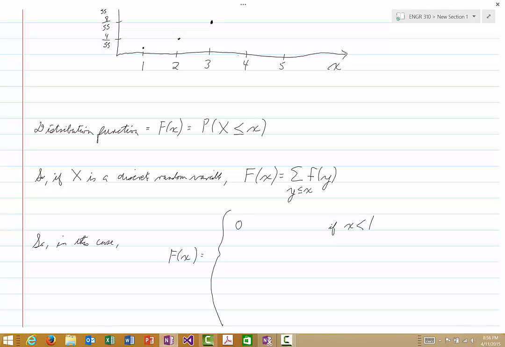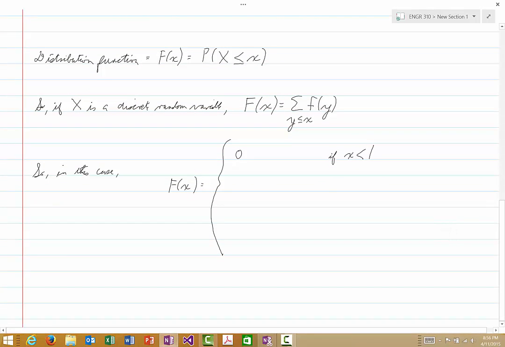However, if little x is greater than or equal to 1, but strictly less than 2, then the probability that the random variable is in that range.